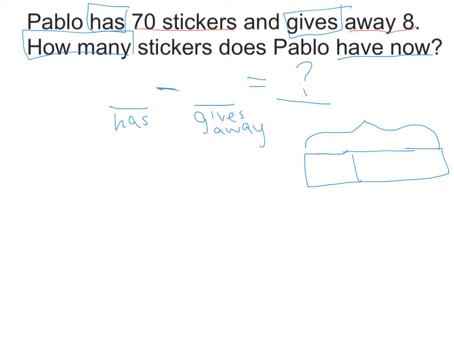Okay, in your bar model, you should have had the whole number up here because that's how much he starts with. And he gives away 8. So we are in fact missing a part. So what I'd like you to do now is use either the strategy where we take out 10 from our biggest number, because remember, if I have 70 minus 8, I can't take 8 ones away from 0 ones.